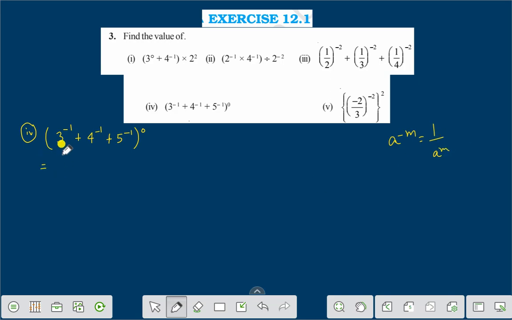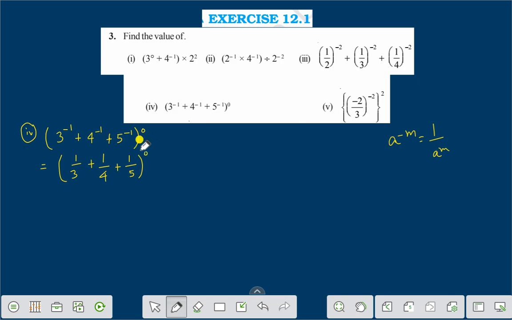Here we get 1 by 3 to the power 1, that is 3, plus 1 by 4, plus 1 by 5, the whole to the power 0.